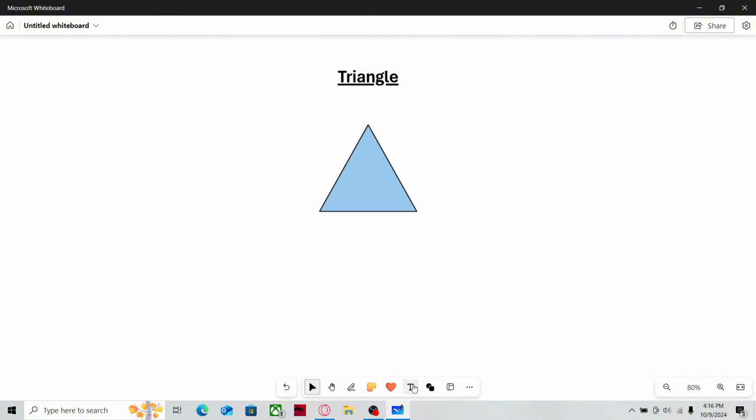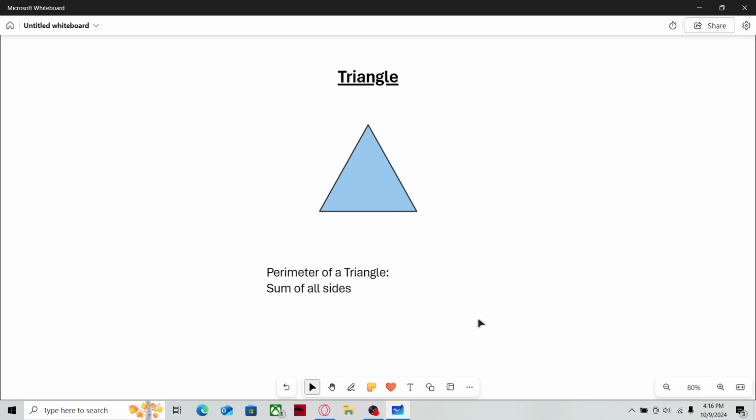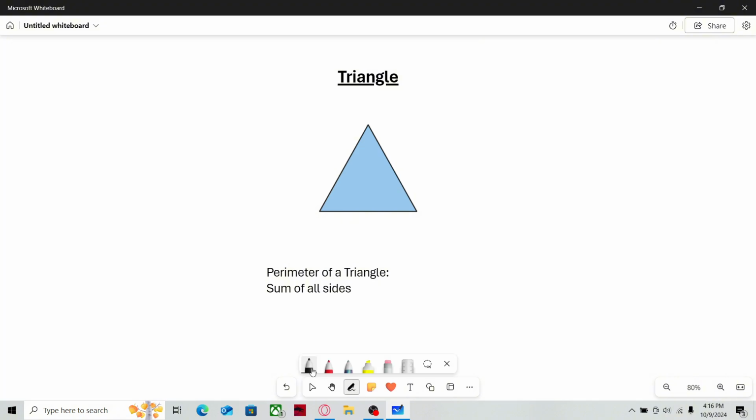So in a triangle, basically there are no formulas you need to follow, but what you need to know is what? Perimeter of a triangle is the sum of all sides. That's it. What does it mean by sum of all sides?